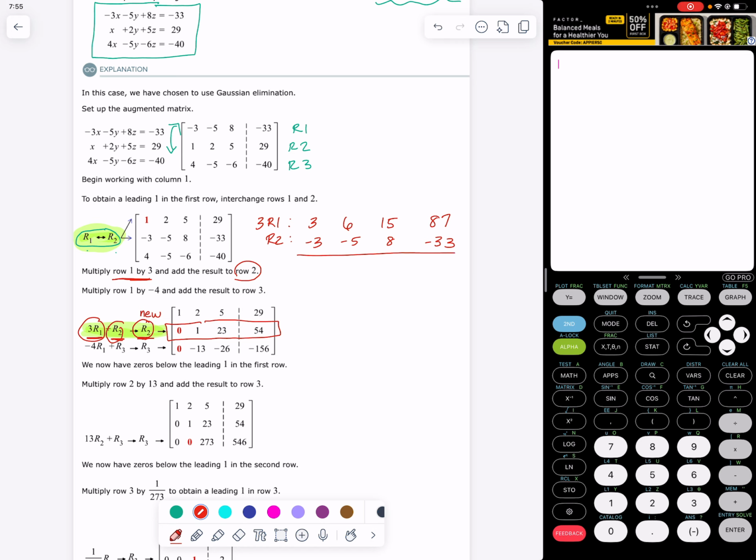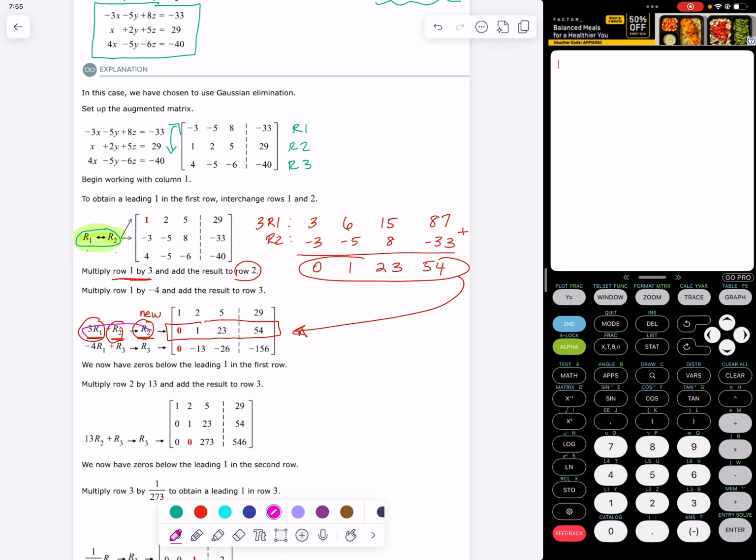If we're going to add these together, look what we get. I'm going to put a plus sign here. 0, 1, 23, and 54. And that is what this row is. So that's your second concept you need to understand.